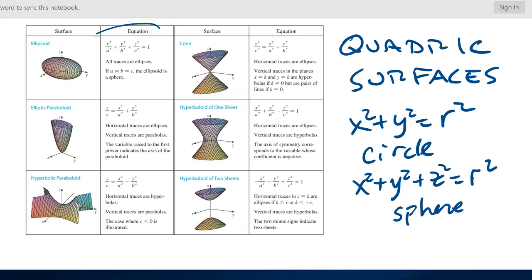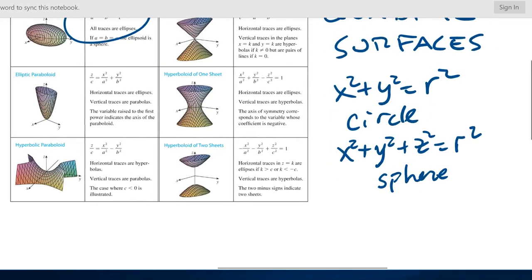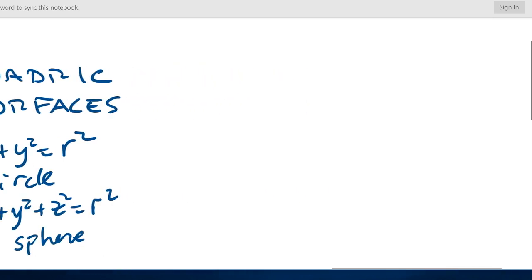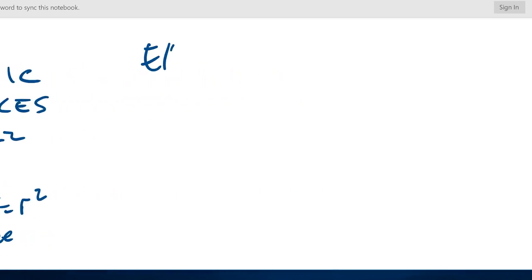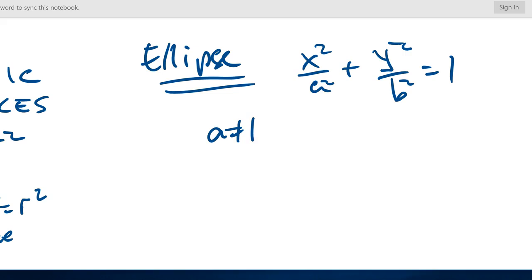But if you look, this is an equation for an ellipsoid, excuse me. If you remember from pre-cal or maybe even an algebra class, an ellipse has the form x squared over a squared plus y squared over b squared equals 1, where a is not equal to b.